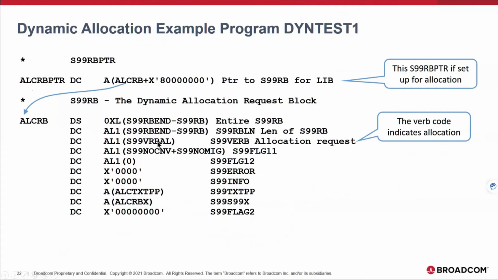We're using the verb allocate, and then we used a couple of flags here. This is the new allocation, and if it's migrated, don't do the recall from archive. Fail it. And everything else is set to zeros except for the text unit pointers and the RB extension pointer.